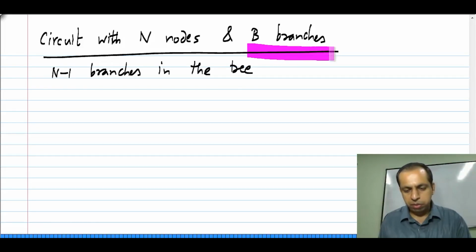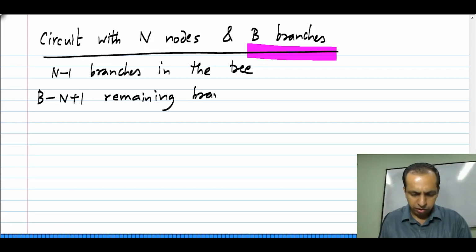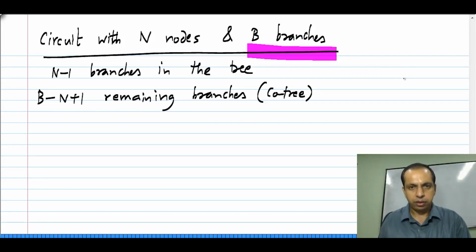Now, out of B branches, if you take out n minus 1, we will have B minus n plus 1 remaining branches, which is also called the co-tree. Okay. Now, introducing each of these B minus n plus 1 branches to the tree will form a new loop.